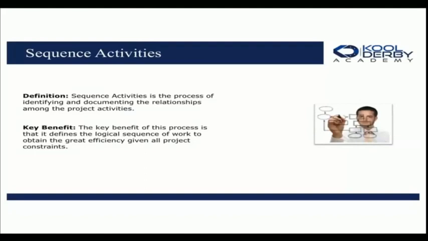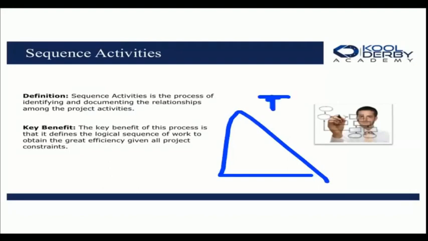Don't forget the triple constraint: time, cost, scope. A constraint is a limitation. We want to sequence activities. Who does this work? The project team. The project team does the work. All right, good there. Move on.